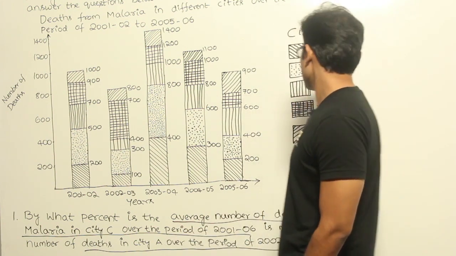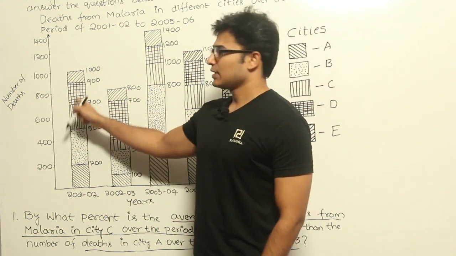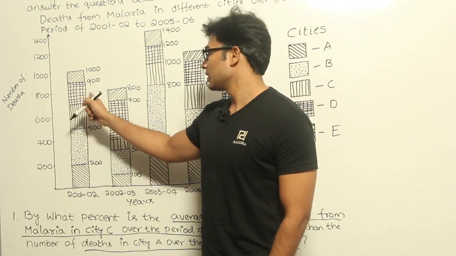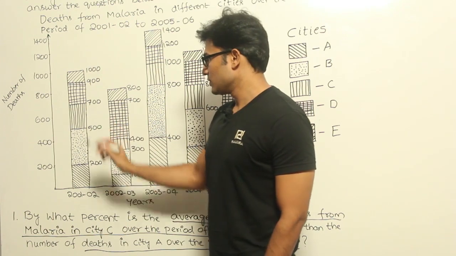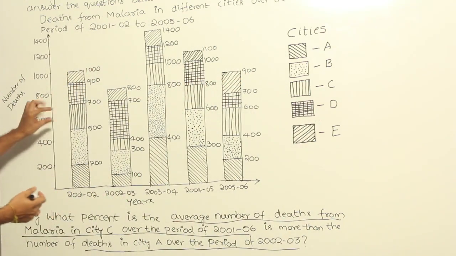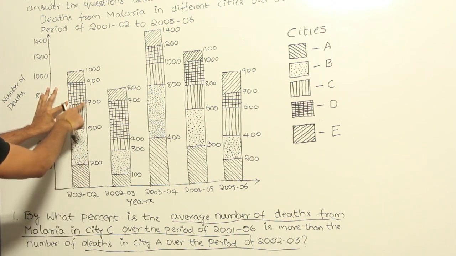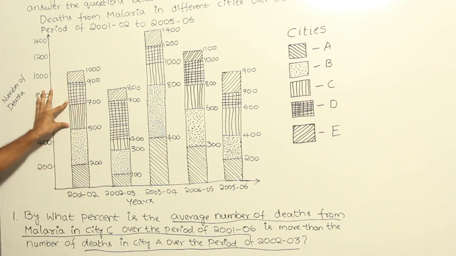Now let's see where city C is. City C is represented by these vertical lines. If you take all the periods and take the average, for 2001 to 2 the value here is 700 minus 500, which means 200.